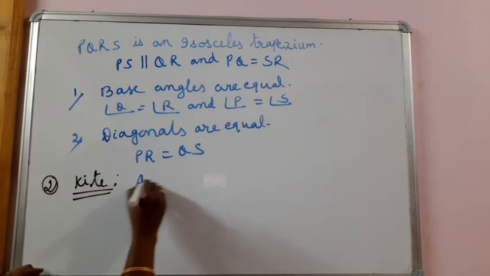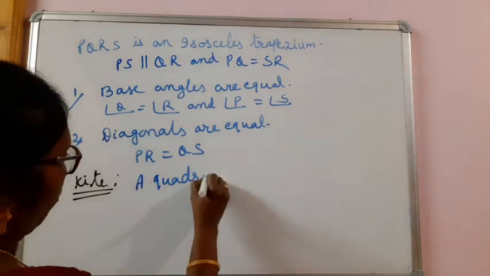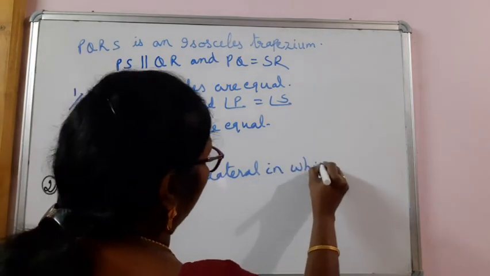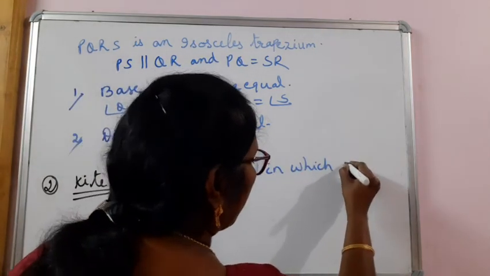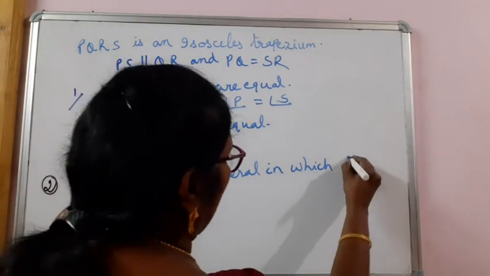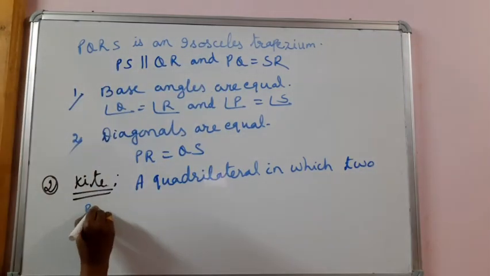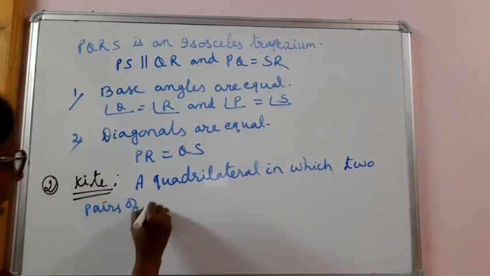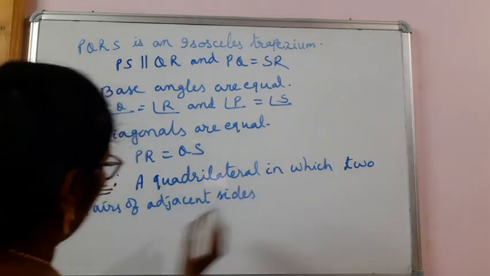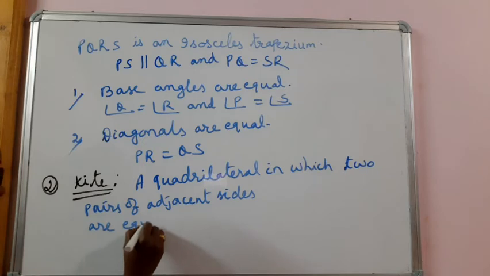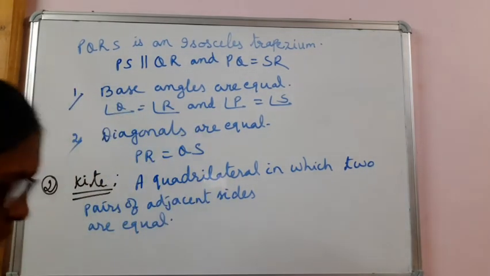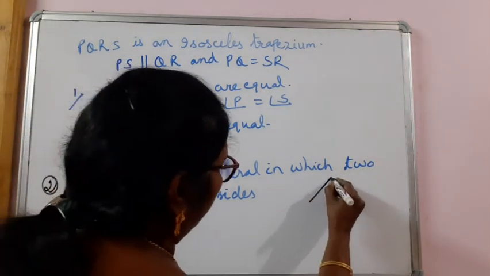A quadrilateral in which, we know that in a quadrilateral there are four sides, two pairs of adjacent sides are equal, is called a kite. Only two pairs of adjacent sides are equal.